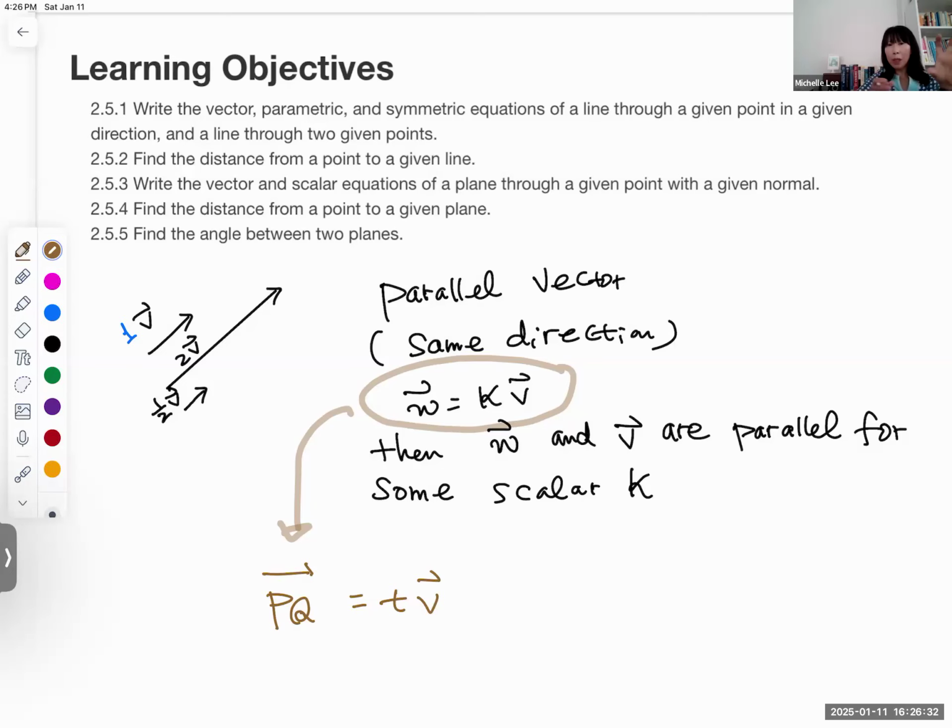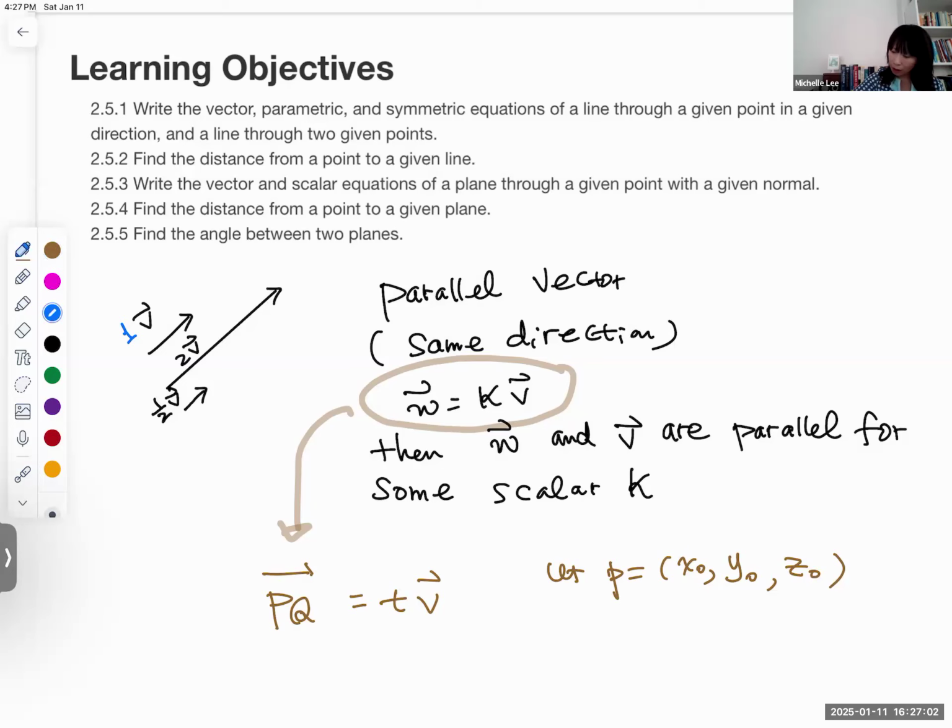Okay, then PQ, P is what is called an ordered triple, right? And then Q is another triple. So let P equal to x naught, y naught, z naught.